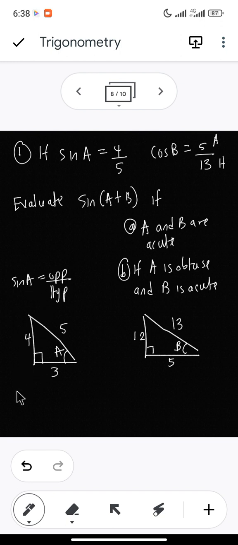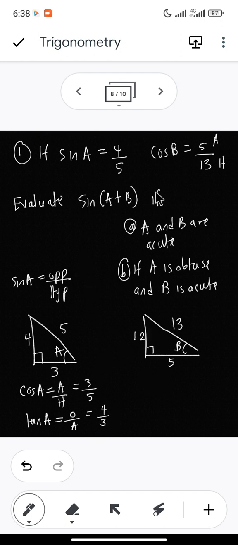That means for this first triangle, cos A is going to be adjacent over hypotenuse, which gives us 3 over 5, and tan A is going to be opposite over adjacent, which gives us 4 over 3. This is for the first triangle.